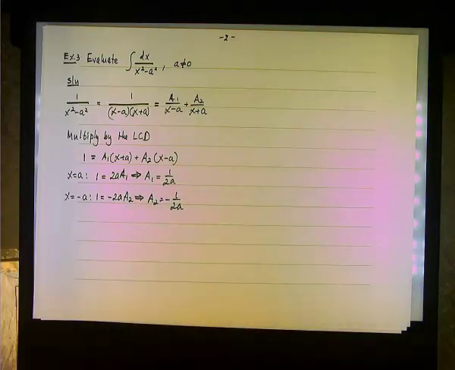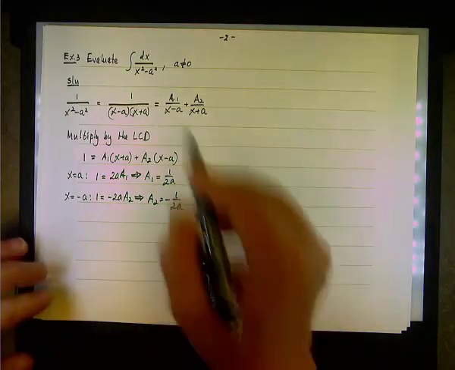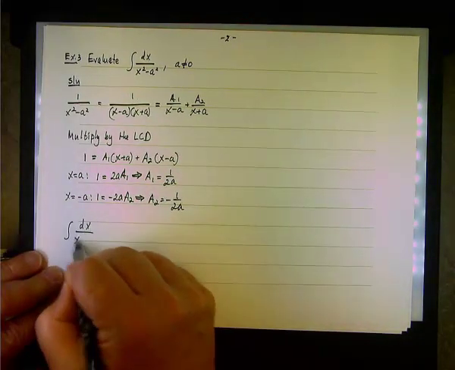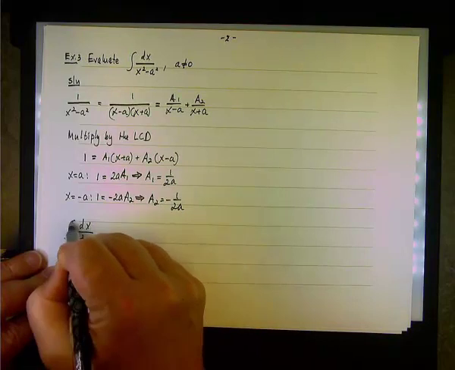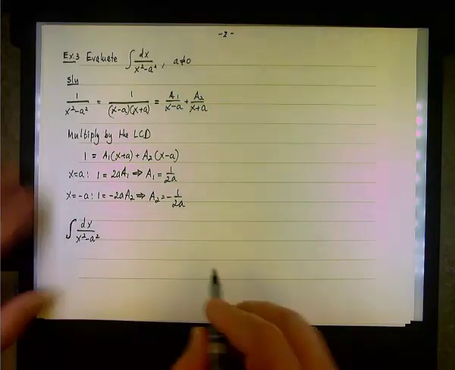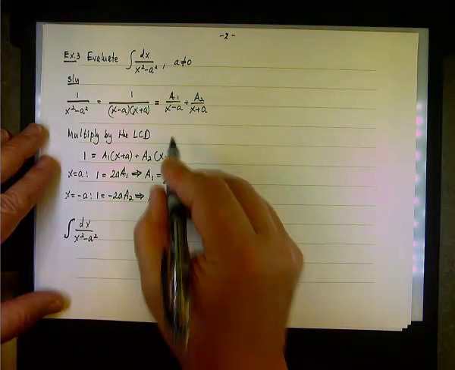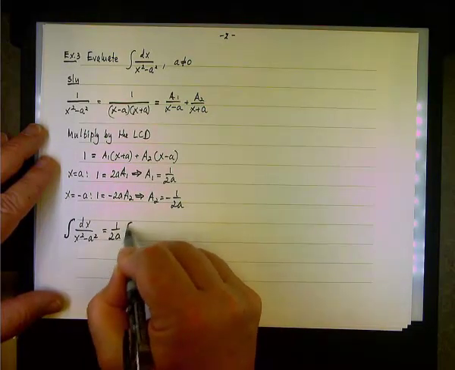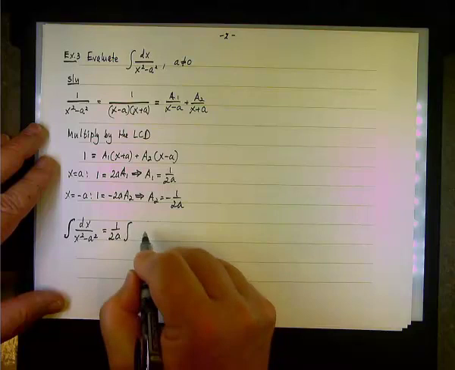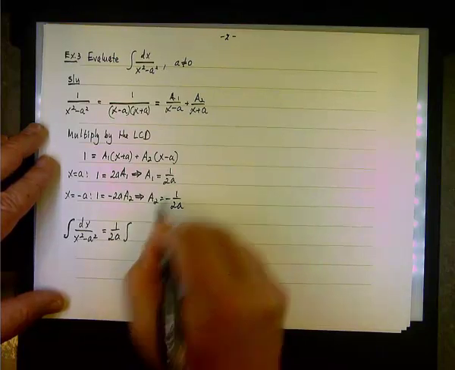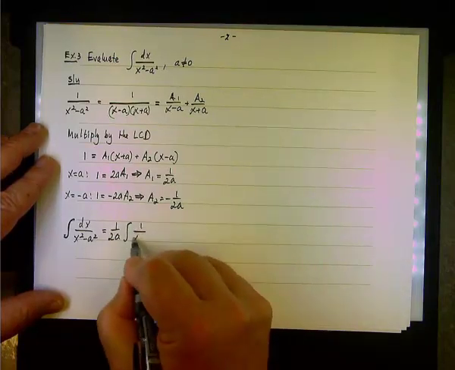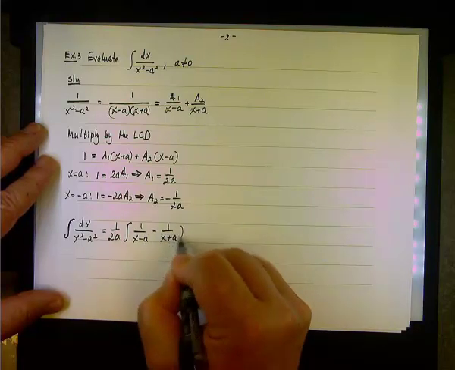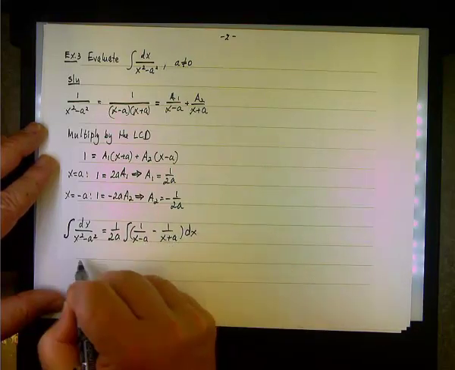So at this point we can write our integral. The integral of dx over x squared minus a squared is now, we have 1 over 2a as a common factor, so I can factor it outside the integral, and what we have left is 1 over x minus a minus 1 over x plus a dx.